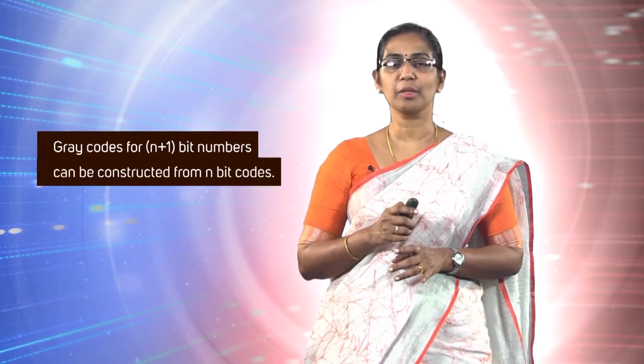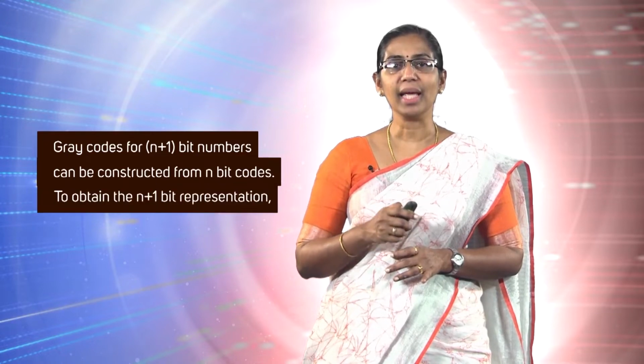Let me introduce one more important characteristic of gray code. It is a self-reflecting code. I will explain this. As in the case of binary numbers, gray code can also have n bits representation. One bit gray code has two code words 0 and 1 representing decimal numbers 0 and 1. Gray codes for n plus 1 bit numbers can be constructed from n bit codes.